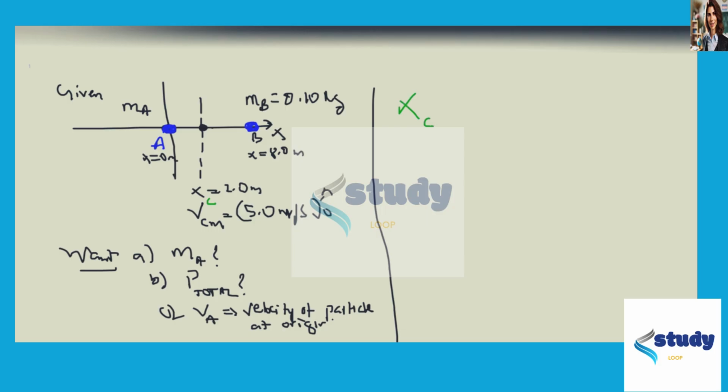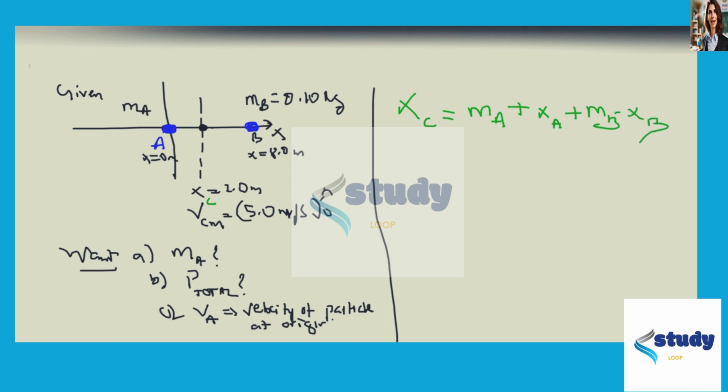So XC equals MA plus XA plus MB times XB.